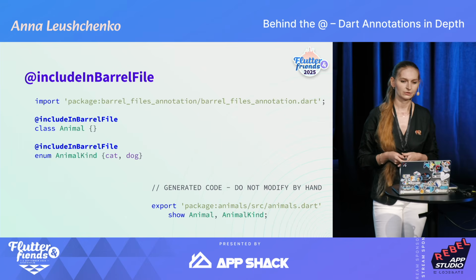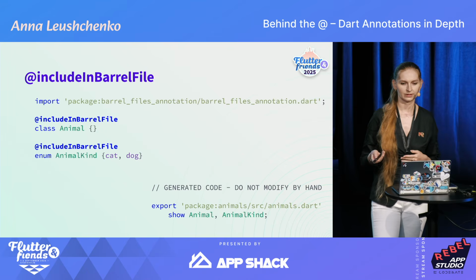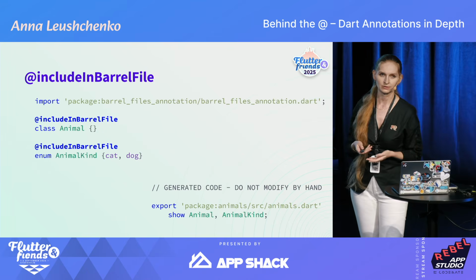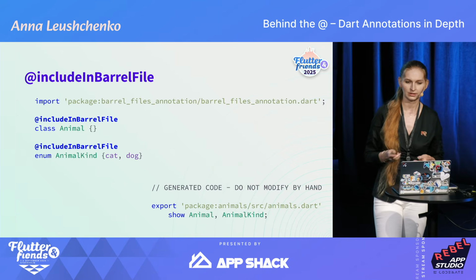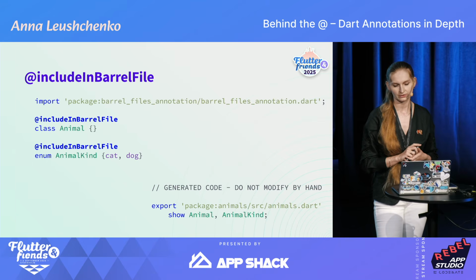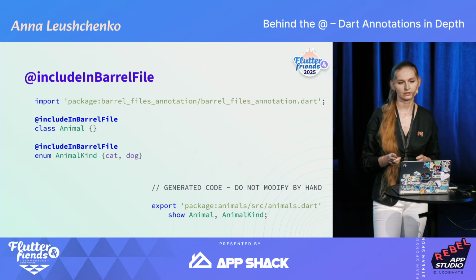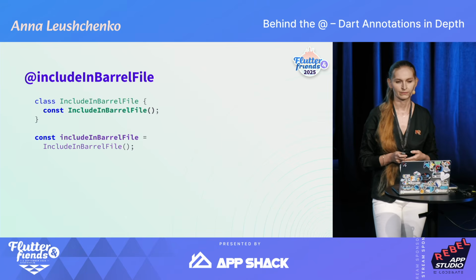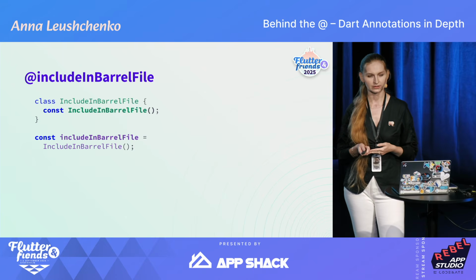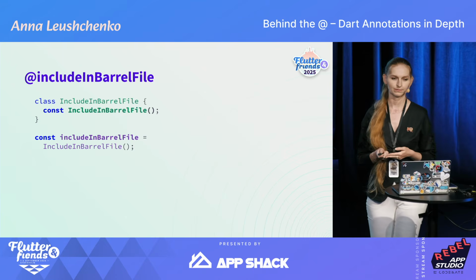It can be applied to all top-level elements like classes, enums, global variables, functions, extensions, and so on. And after code generation with build_runner is executed, those elements get collected in a single barrel file for the package. To achieve that, first I have declared an annotation class and an instance of it.